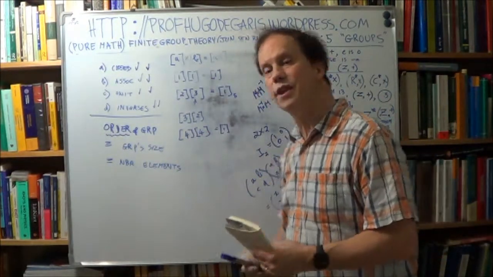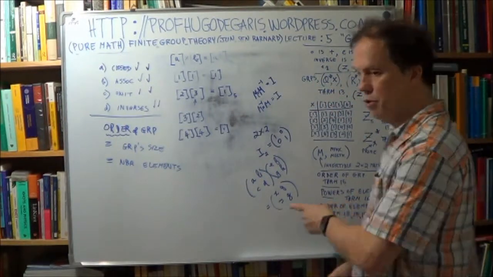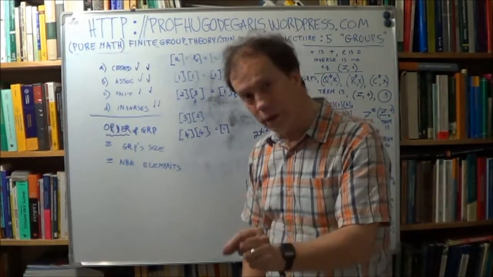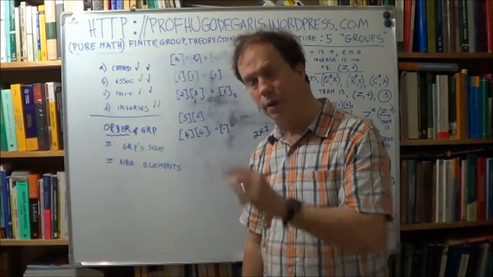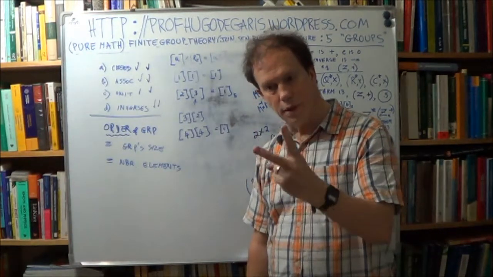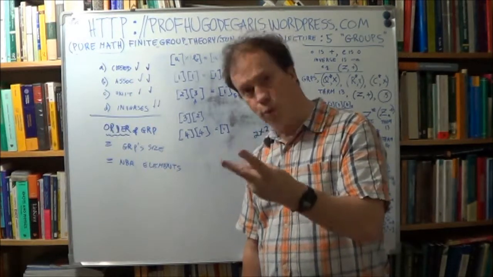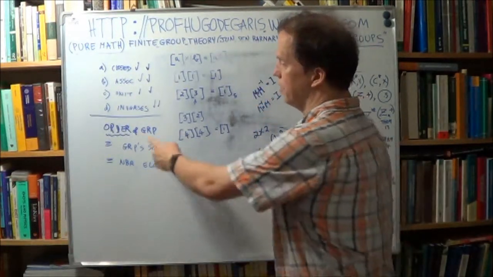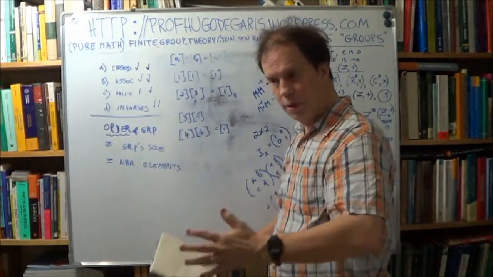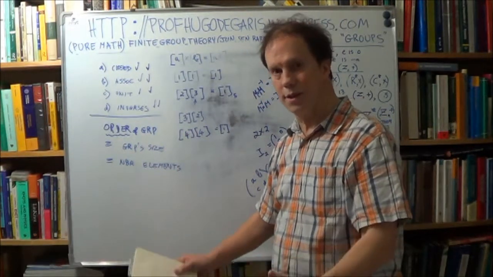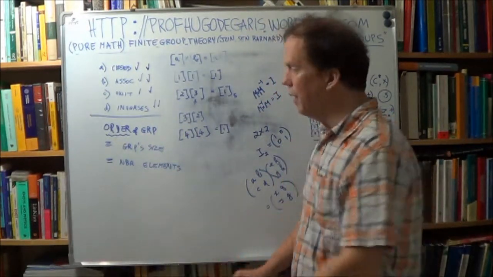So pretty easy concept. Now a bit later we'll talk about the order of an element of a group, and that's a lot more subtle. So be conscious that this word order has 2 meanings, 2 uses. One is the order of the group, the whole group, and that's pretty easy. It's just its size. How many elements does the group have?